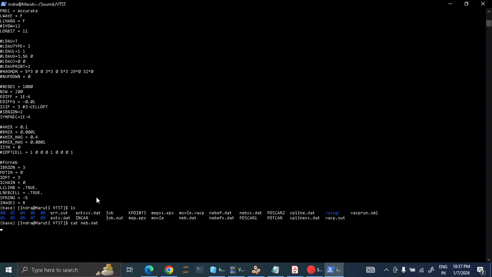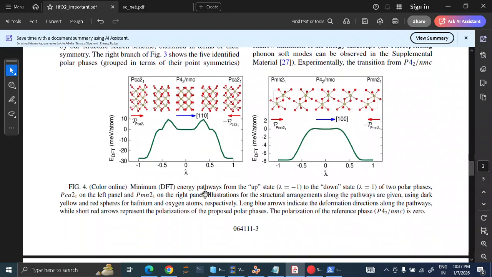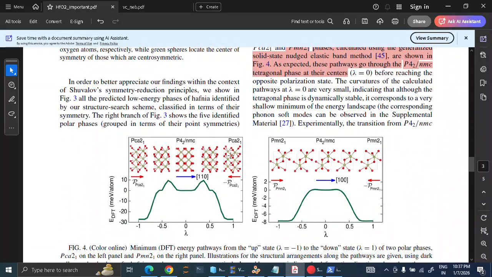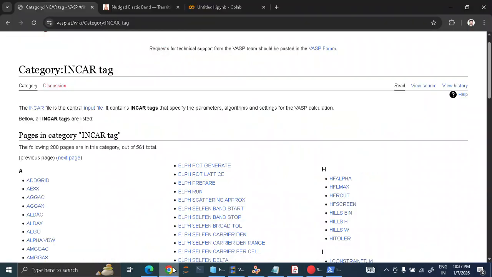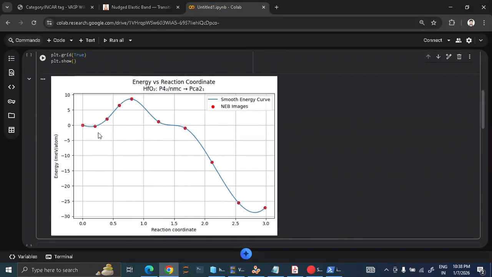This is my result. This is the reaction coordinate, this is the relative energies, and this is the forces. The paper got an energy barrier of 40 meV per atom for the centrosymmetric to ferroelectric Pca21 phase transition, and this is my result. This is my centrosymmetric and this is the ferroelectric structure.